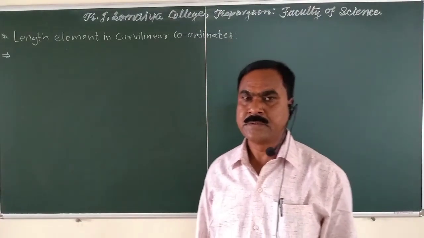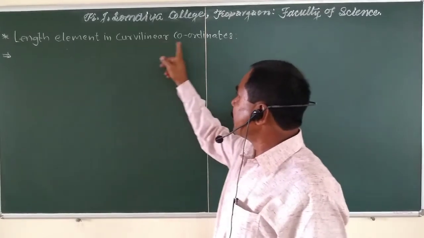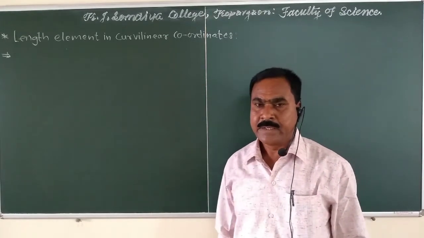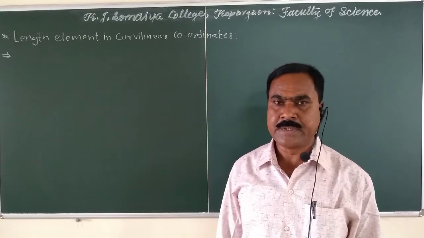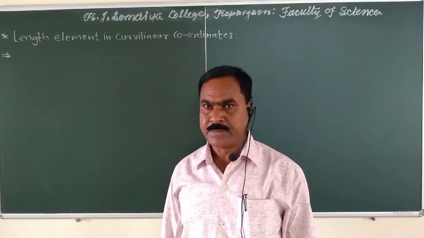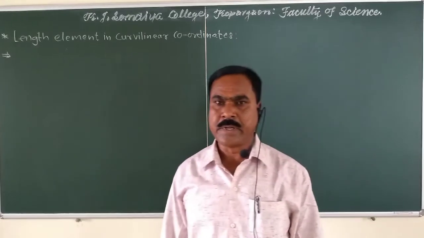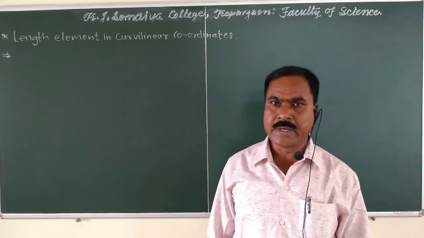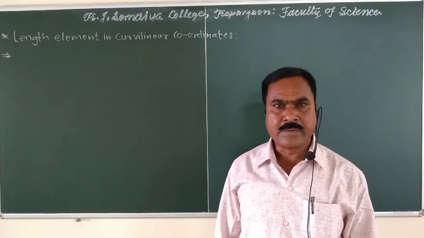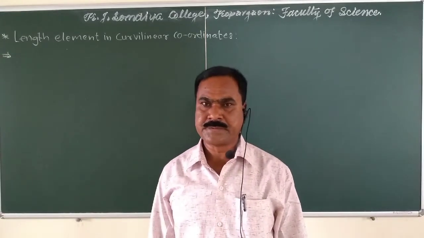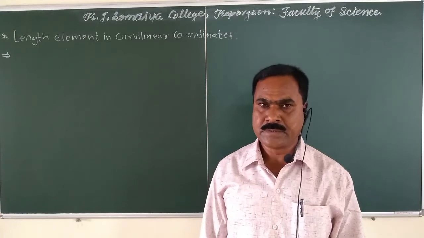Good morning, friends. Today we study the point length element in curvilinear coordinates. In the last lecture we studied the general curvilinear coordinate system, and in that we took the definition of curvilinear surfaces, curvilinear curves and curvilinear axes. In the curvilinear coordinate system there are three coordinates, u1, u2, u3, so they are called curvilinear coordinates.